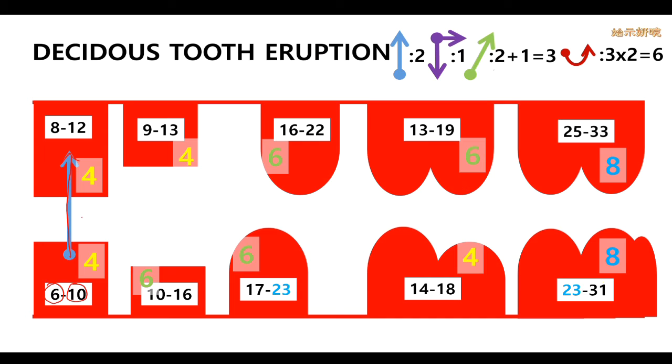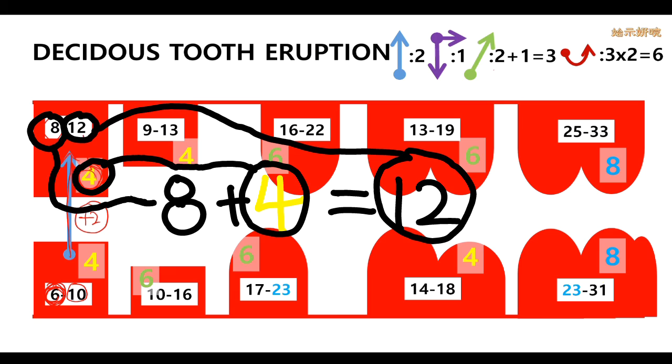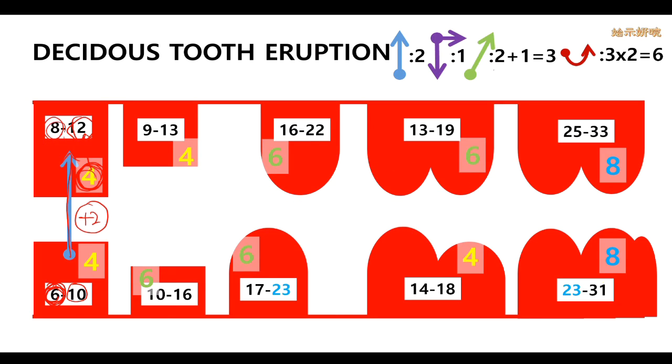Since it is going upward, you just add 2 to the number 6, okay? Because these arrows are for the front number, it becomes 8, and you add 4, this colorful number, to the back number, so it becomes 12, because 8 plus 4 is 12, right?